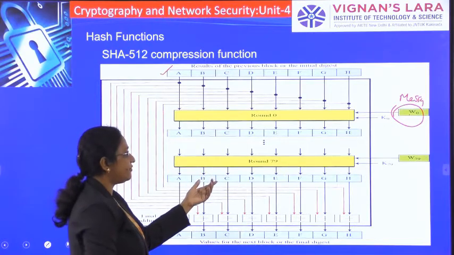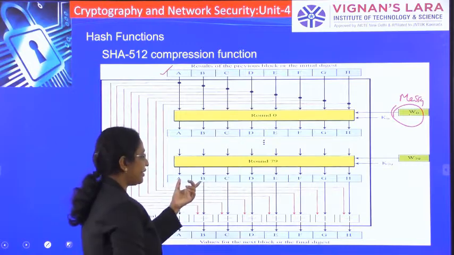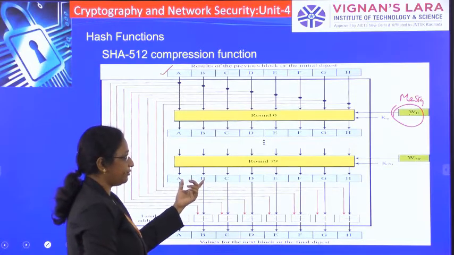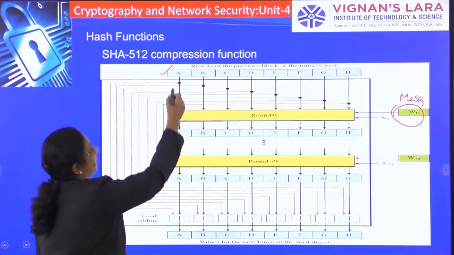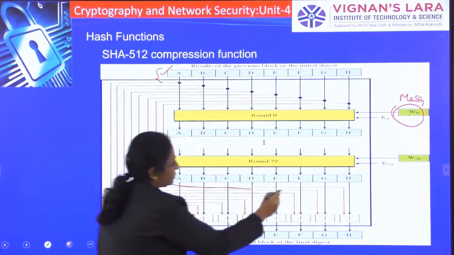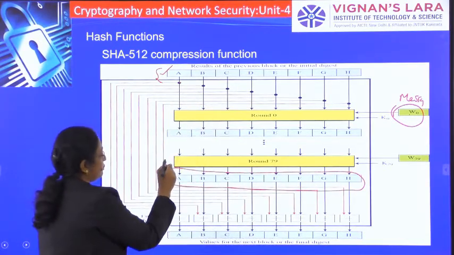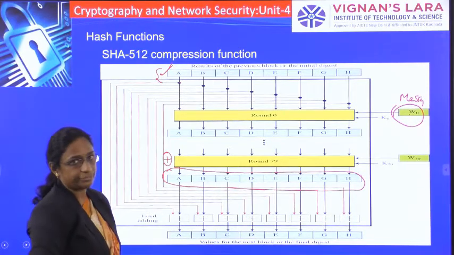Whatever final 512 bits you have will be XORed with your initial values. Whatever values you get are XORed with your initial buffer value.